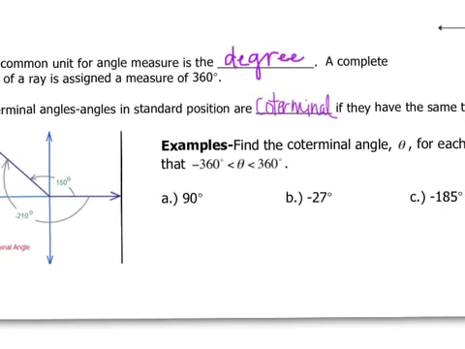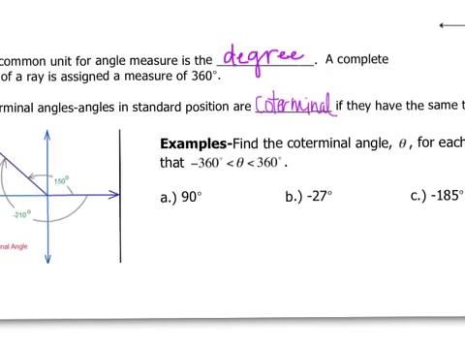We are going to take the angle we're given, we are going to add 360 degrees to it. We are going to take 90 degrees and we are going to subtract 360 degrees from it. Why am I doing that?